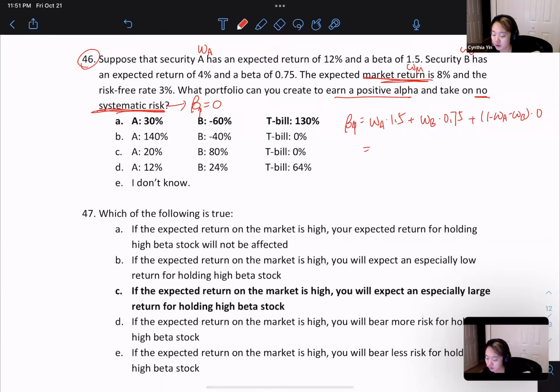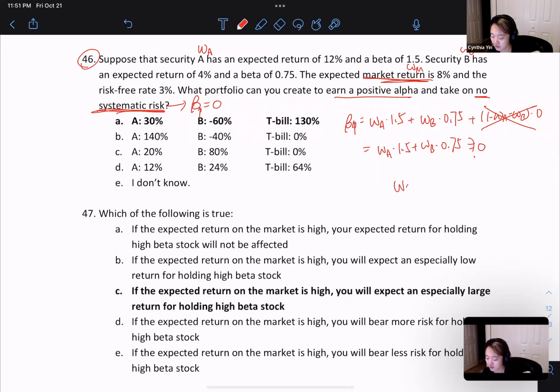This portfolio only from security A and security B is just WA times 1.5 plus WB times 0.75, right? Then, because the risk-free part cancels out, how do you make this portfolio beta equal to 0?